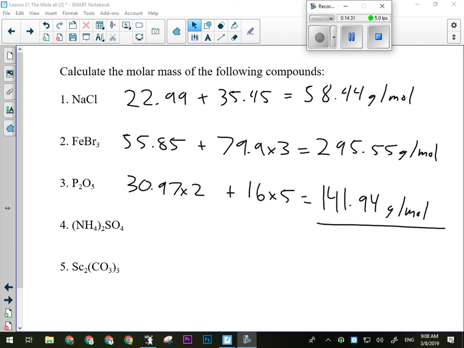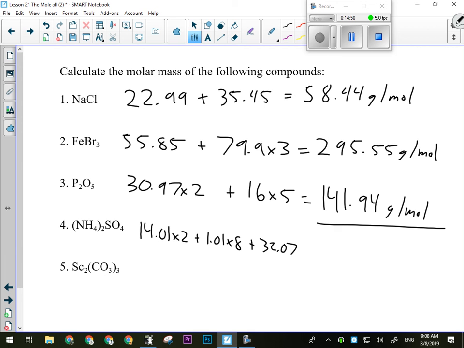So I'm going to have 14.01, that's the nitrogen, times 2, plus 1.01 times 8, that's the 8 hydrogens. I've got 1 sulfur, so that's 32.07. And I've got 4 oxygens, so 16 times 4.